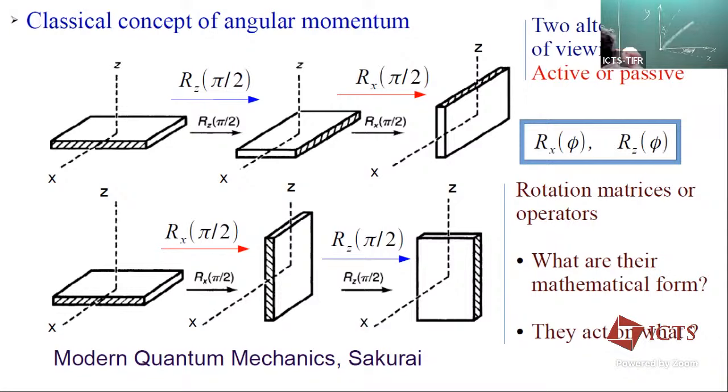If I measure the particle, its position is still 0, 0, 0. What am I going to measure? Now here comes the quantum mechanics. I'm measuring the quantum state of the particle.